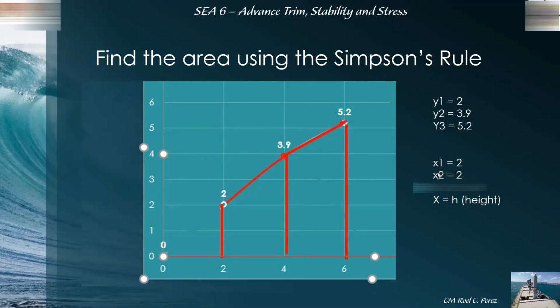X1 is 2 and X2 is 2, because this formula we can only use with a common interval. So X equals H, or height. So height equals 2 units. Understood?